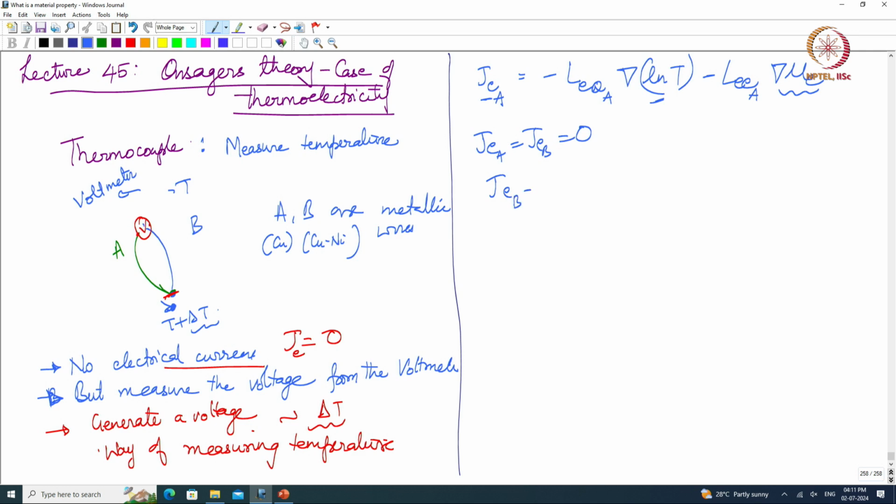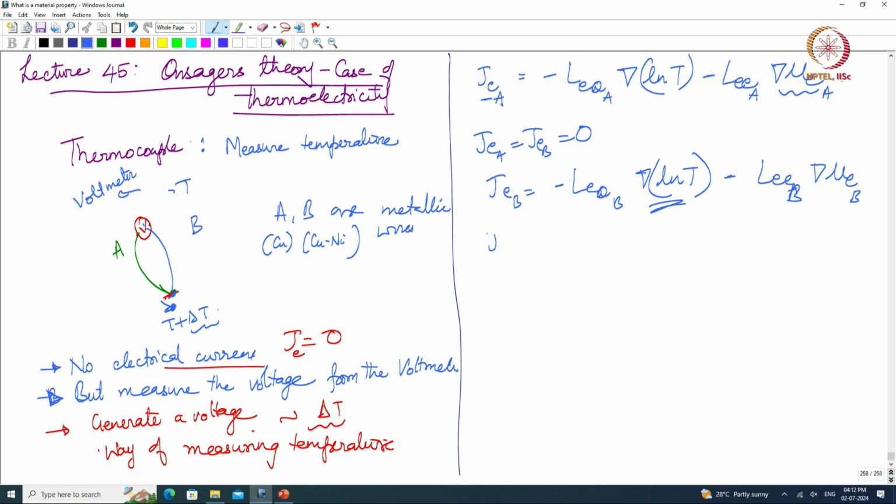J_E,B is equal to minus L_EQ,B grad ln T, minus L_EE,B grad mu_E in wire B. The gradient of temperature is going to be the same in both cases.